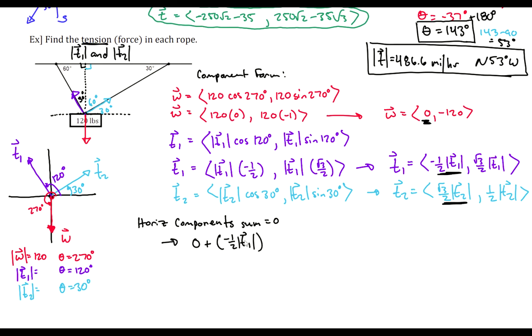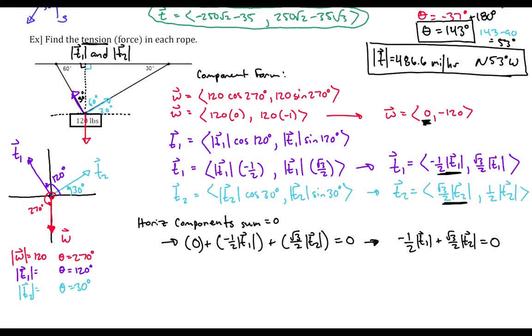I'm showing in parentheses, so the 0, then plus the -1/2 T1, plus the radical 3/2 T2 should equal 0. And then I'm going to clean this one up one more time to the side. I put the parentheses to show the substitution, but we could just write it as -1/2 magnitude of T1 plus radical 3/2 magnitude of T2 equals 0.